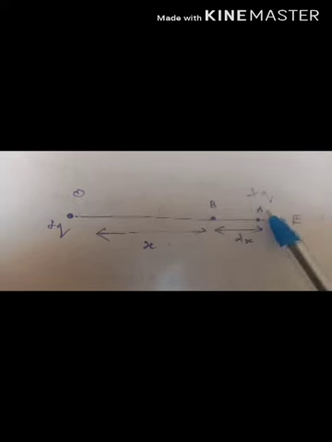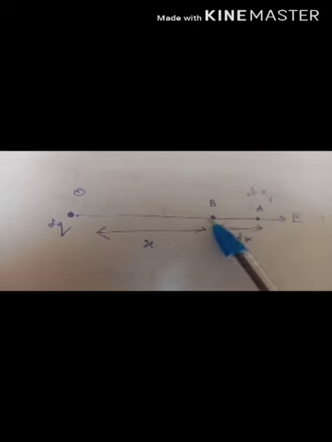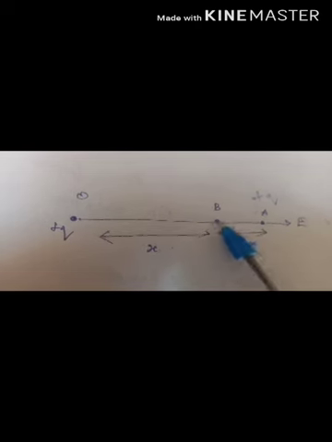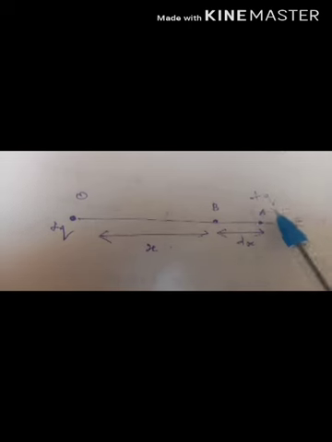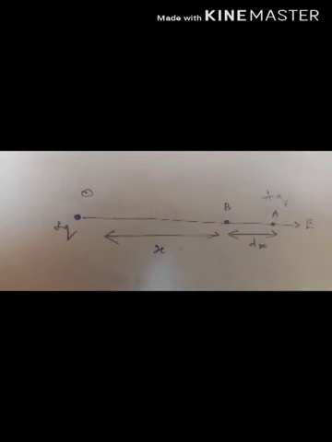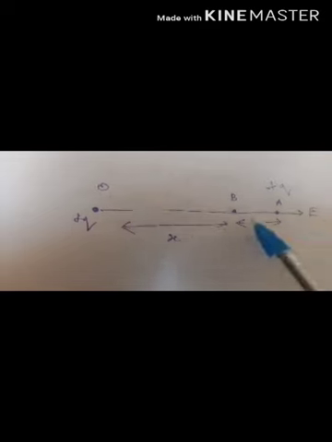The charge does not move by itself because the electric field acts in the opposite direction, so some other force is applied. The work done gives the potential difference between the two points A and B.